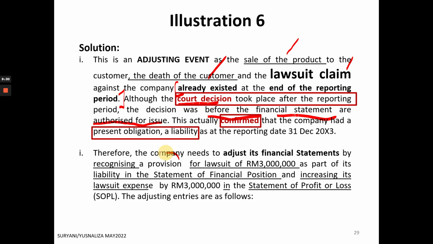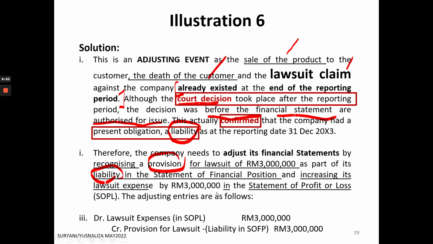By recognizing a provision, which is a liability under MFRS 137, for the lawsuit of 3 million. Provision is a liability in the statement of financial position and increases the lawsuit expense in the statement of profit or loss by also 3 million. So the adjusting journal entries will be as follows.